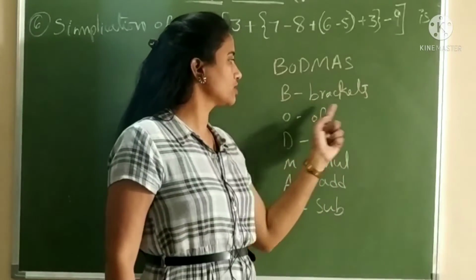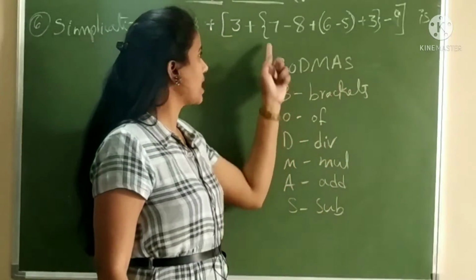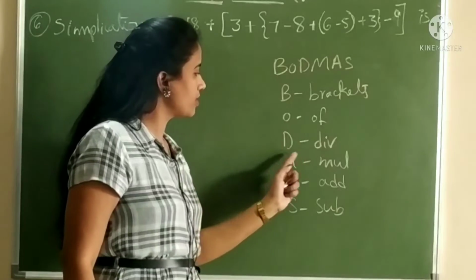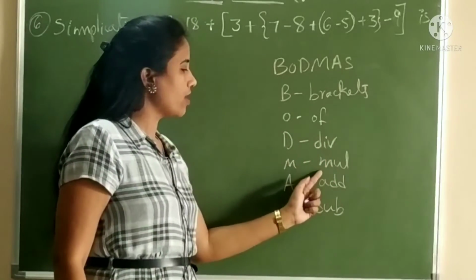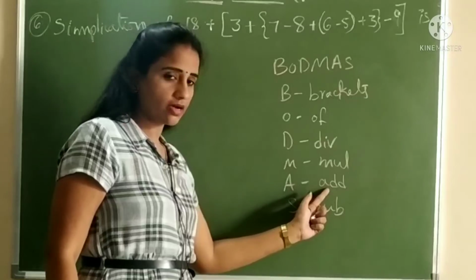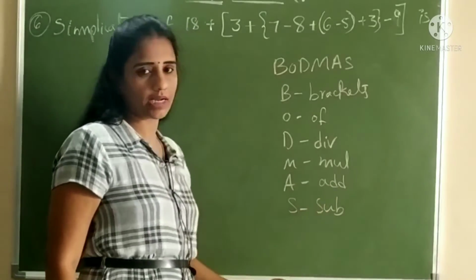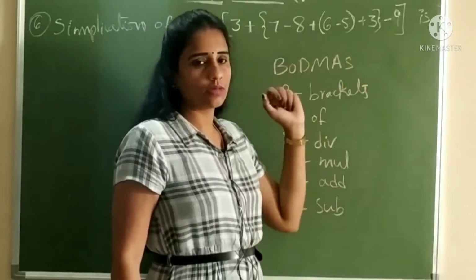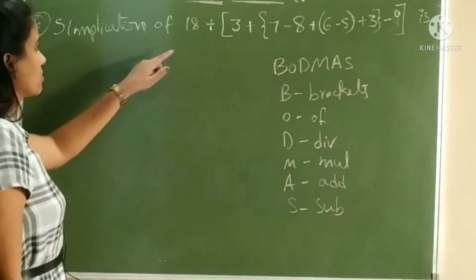You have to first simplify the values of brackets, and afterwards division, after division multiplication, after multiplication addition, after addition subtraction. Like that you simplify the given question.